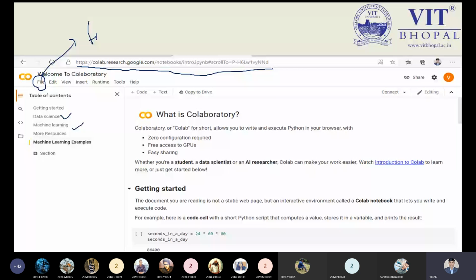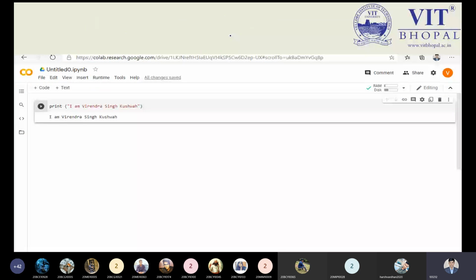This new notebook is equivalent to opening a notebook in Jupyter Notebook in the Anaconda Navigator. In the Anaconda Navigator you can use Jupyter Notebook. It is similar to opening a notebook here. If I click on File and New notebook, I get a new page, and that page is known as Untitled0.ipynb.